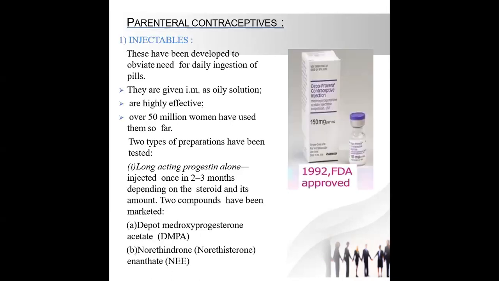Then coming to the parenteral contraceptives. These parenteral contraceptives are called injectable drugs or injectable agents. These have been developed to obviate the need for daily ingestion of pills. They are given intramuscularly as oily solutions. They are highly effective, and over 50 million women are using these so far.